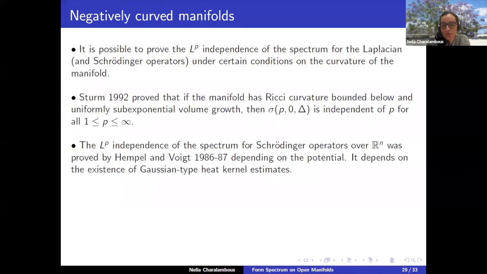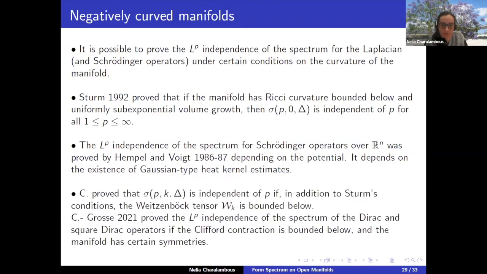For Schrödinger operators on Euclidean space, it was proved, depending on the decay properties of the potential, which allow us to prove essentially some Gaussian type of bounds on the heat kernel. Gaussian type bounds on the heat kernel let you prove L^p independence of the spectrum if you also have uniformly sub-exponential volume growth, at least on a non-compact manifold.